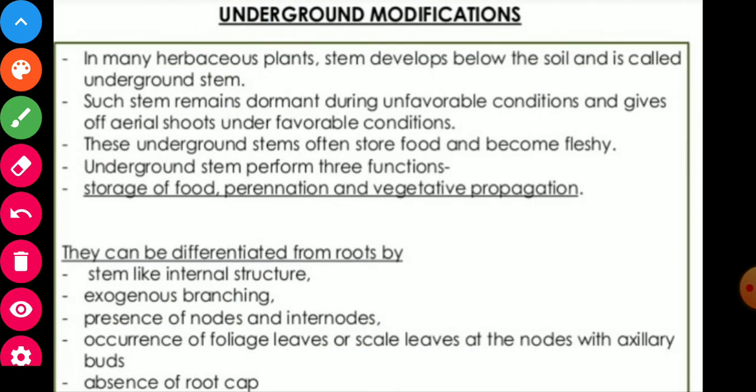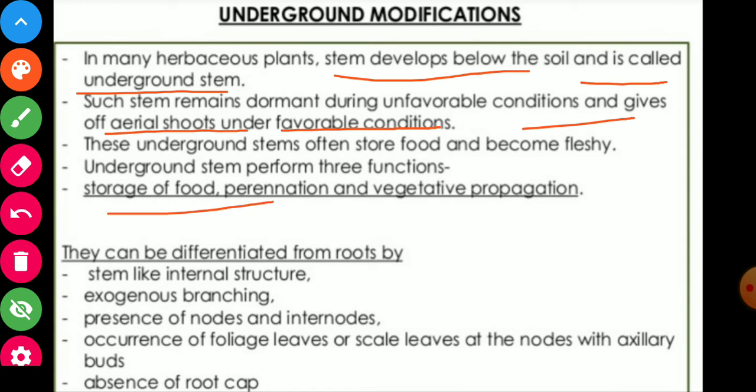Underground modifications are there. In many herbaceous plants, stem develops below the soil and is called underground stem. Such stems remain dormant during the unfavorable conditions and give off aerial shoots under favorable conditions. So they can store food and serve as organs of perennation and vegetative propagation.